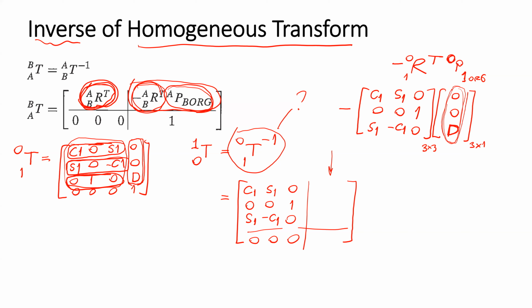So to obtain the product of the matrix, we have the row multiplied by the column, C0, S0, 0, D, 0, 0, 0, 0, 0 and 1, D. We have D.